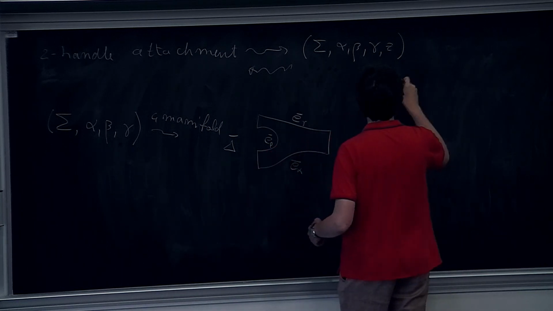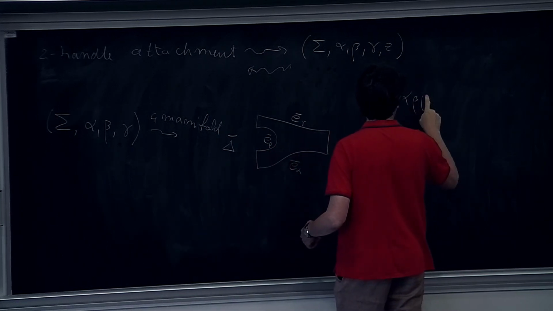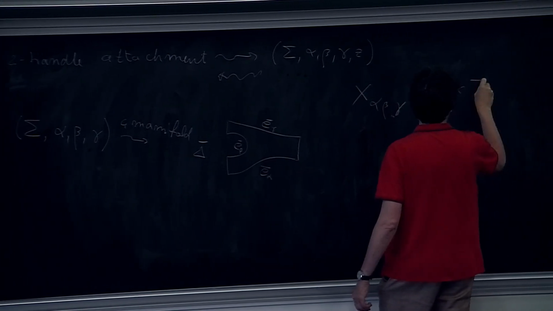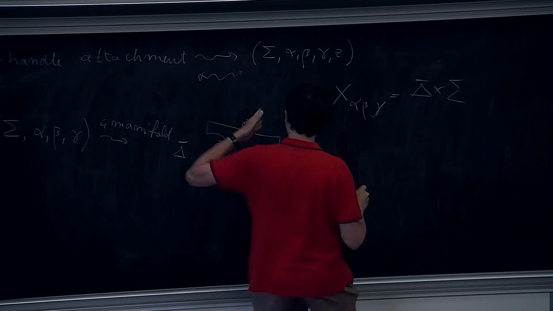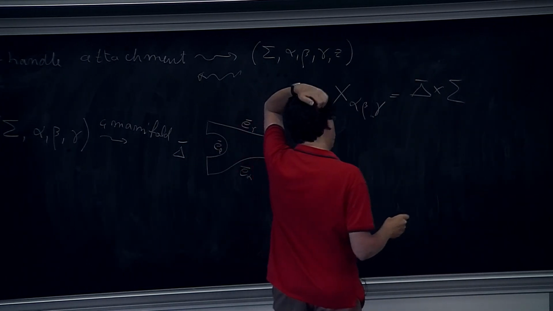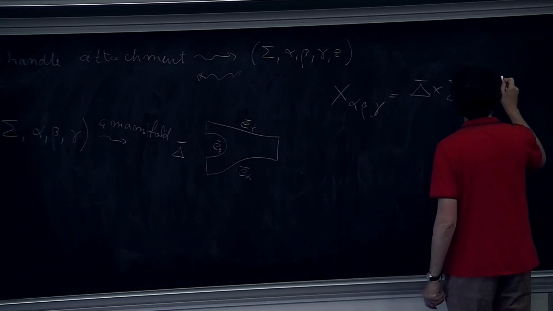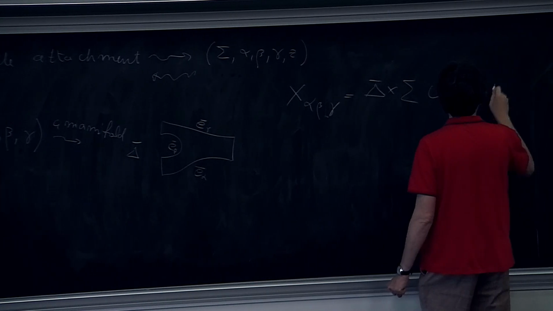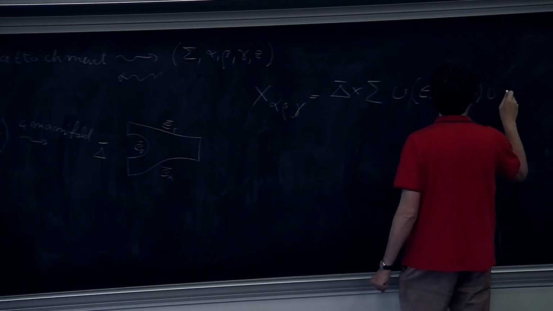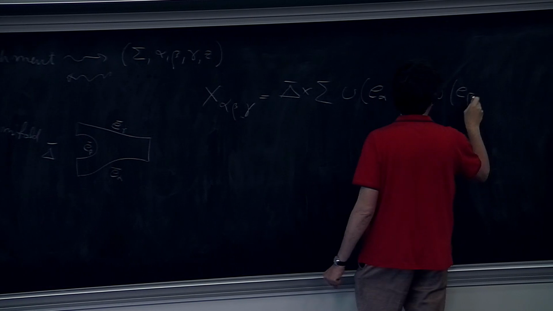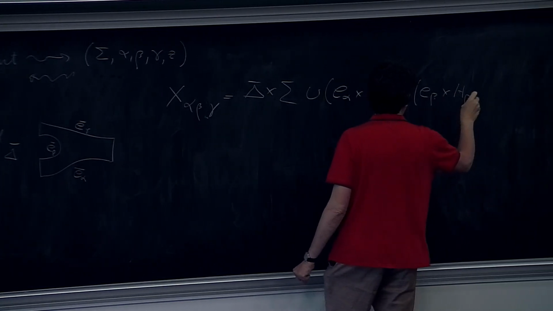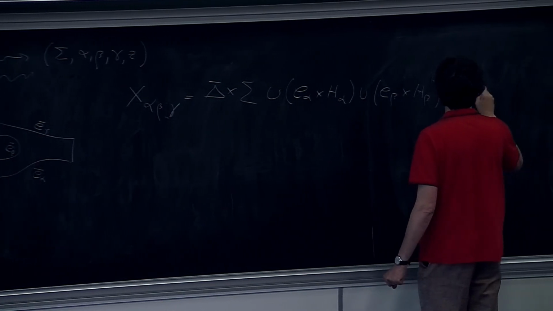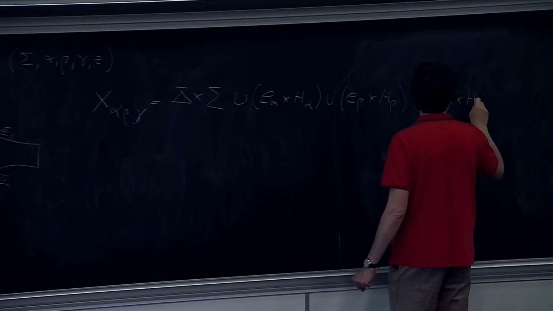And now we call X alpha beta gamma. It will be this delta bar times sigma. So we multiply by the surface. And then we glue E alpha times H alpha, E beta times H beta, E gamma times H gamma.